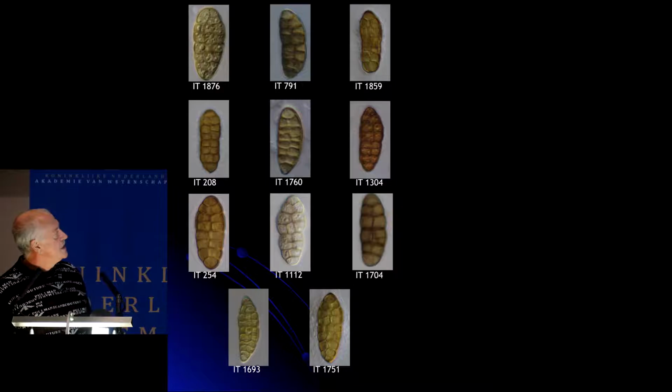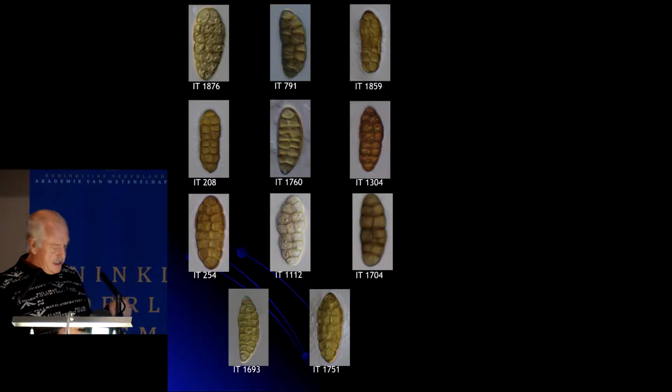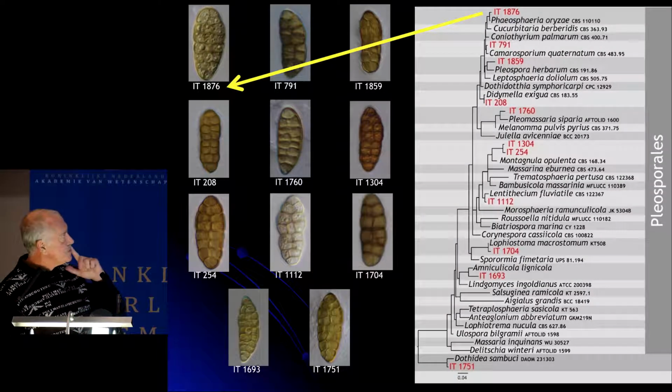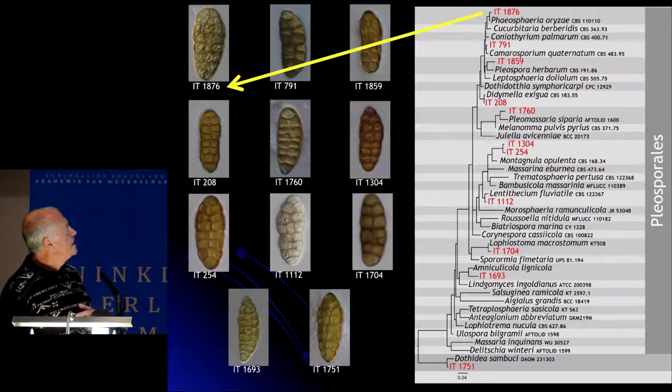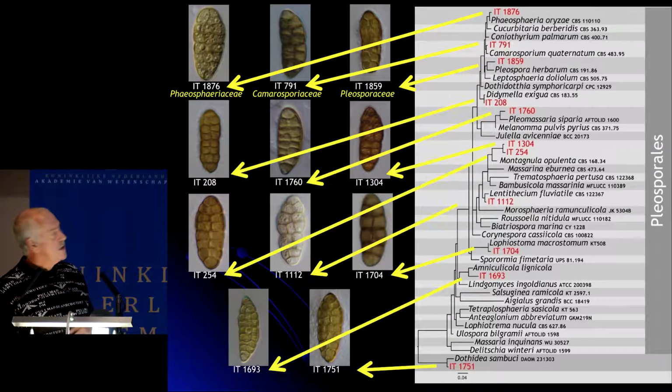This is the tree. So my student has made a very simple tree here in the Pleosporales, and you can see that each of these are scattered down here. So all the different spores come in different families. So for instance, the top one here, this is Phaeosphaeriaceae. This one here, Camarosporiaceae. This one here, Pleosporaceae.